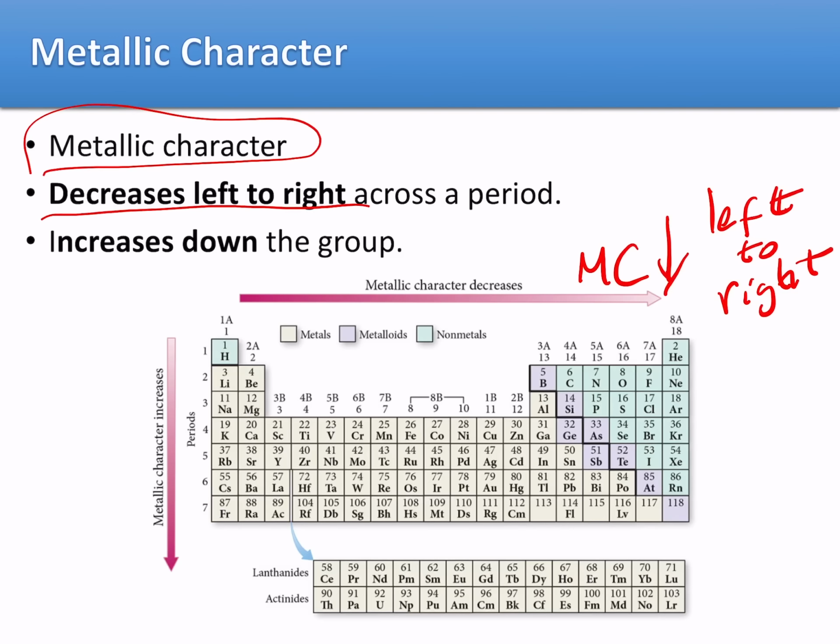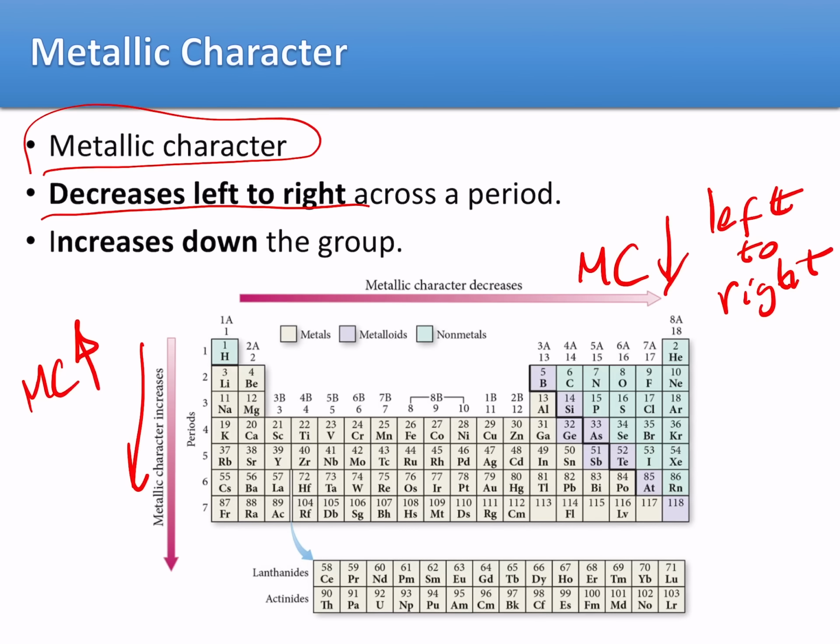Now, when you go down the group, the metallic character increases, meaning that for a metal down the group, it's easier to make shapes out of it, easier to make wires, and it's easier to ionize.